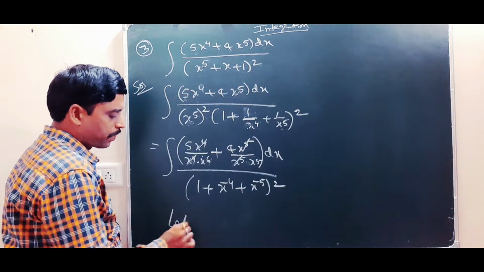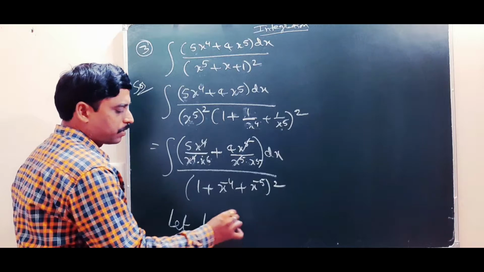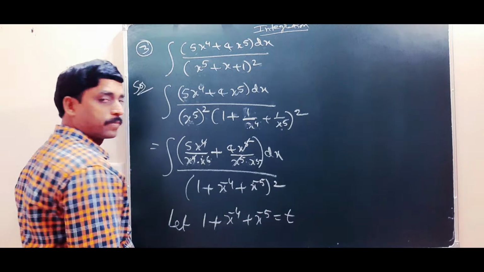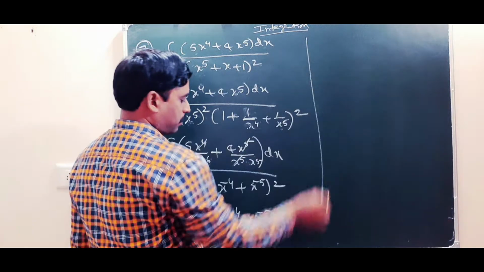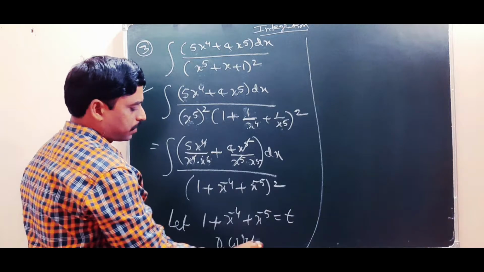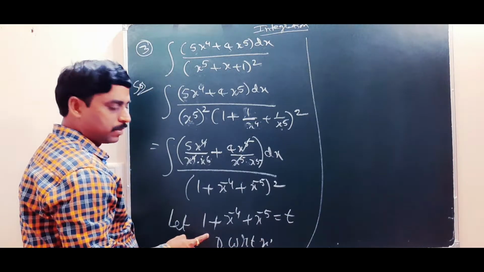So let us take 1 + x^-4 + x^-5 equal to t. Okay, now differentiation with respect to x on both sides. Differentiation of 1 will be 0.